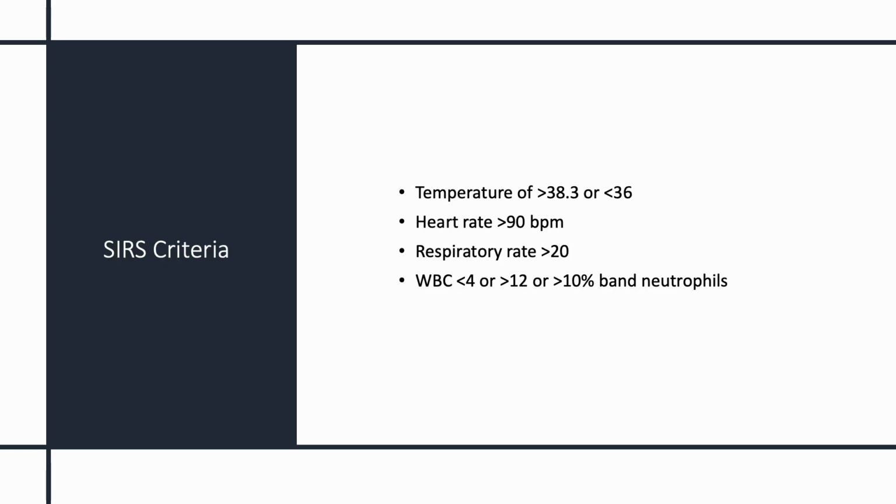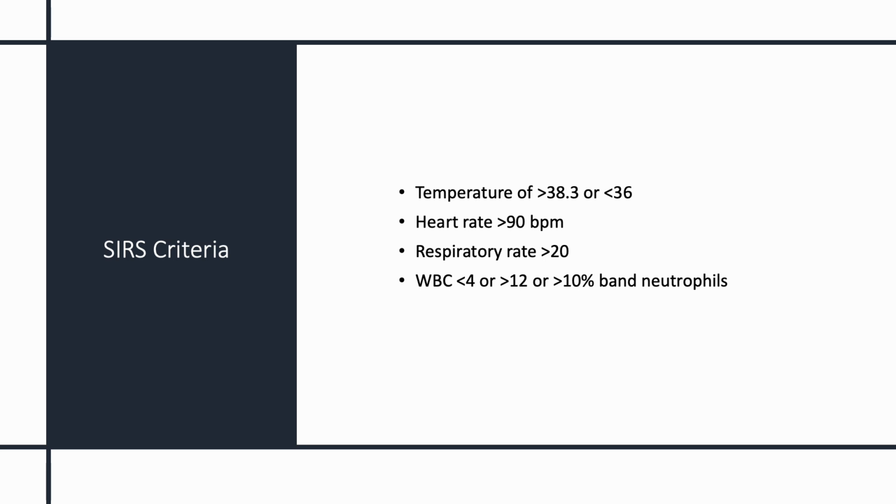You want to check for the SIRS criteria, the signs and symptoms of infection, such as temperature greater than 38 degrees Celsius or less than 36 degrees Celsius, heart rate greater than 90 beats per minute, respiratory rate greater than 20 breaths per minute, or a PaCO2 less than 32 millimeters of mercury.